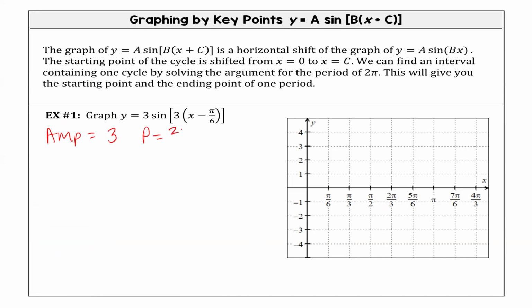My P equals 2 pi divided by 3, which is 2 pi thirds. My midline is where? It's still at 0, right? My midline is at y equals 0. Why is my midline at y equals 0? Because there's no D. So we're still at y equals 0.